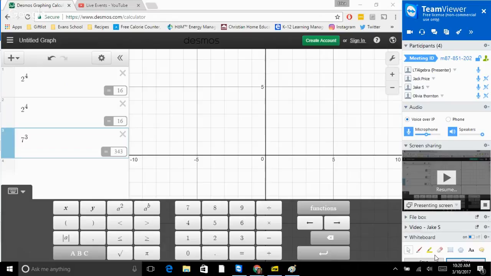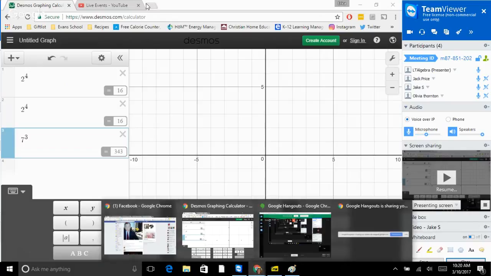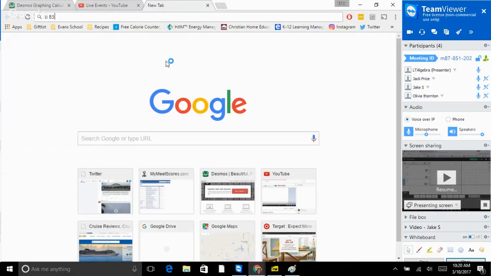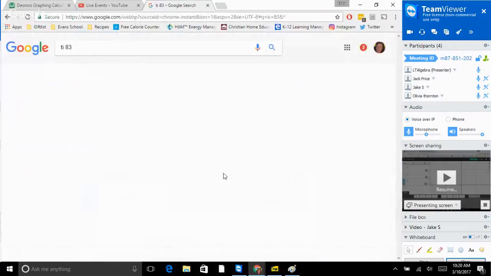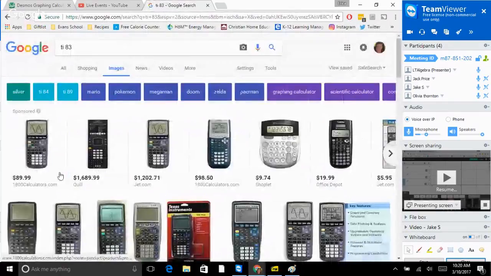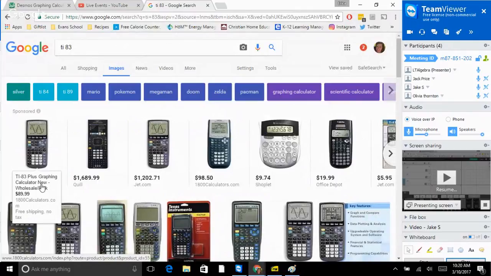Okay, so I'll show you what that is. You have the app? Awesome. TI 83. Here you go. Perhaps you've seen people carrying these around. This is what I used a long time ago, and that technology hasn't changed much.